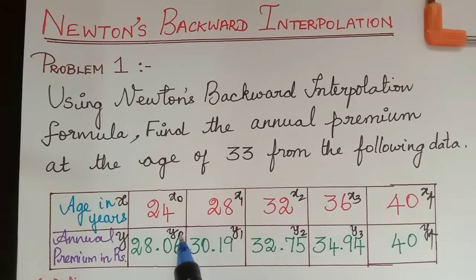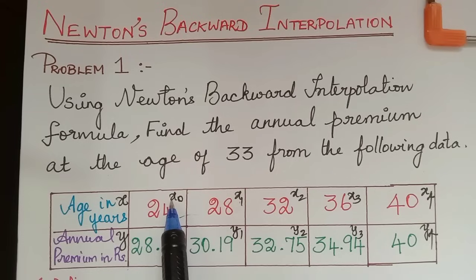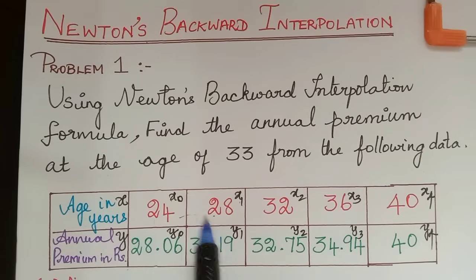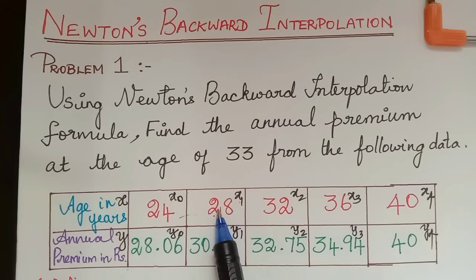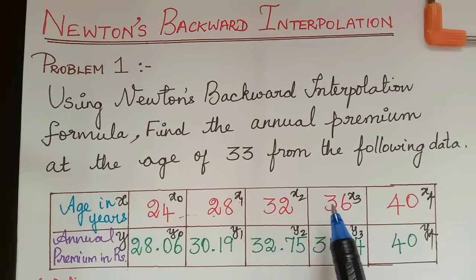Now, first of all, we have to check x1 minus x0. What do we get? 28 minus 24, so the value is 4. Next, we check x2 minus x1, which is 32 minus 28, and again we get 4. Then x3 minus x2, which is 36 minus 32, again 4.